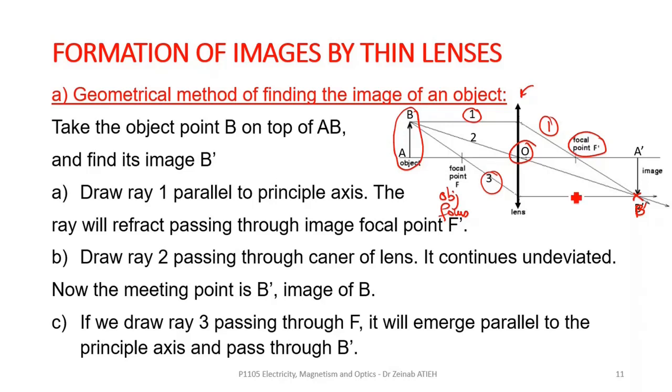So you can see it is parallel to the principal axis. So it leaves parallel to the principal axis, and hence all the rays will meet in B prime, which is the image of B. And in my case here, I have B prime, a real image. And of course, AB is a real object, for sure.